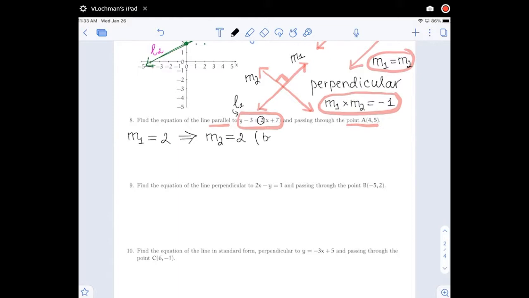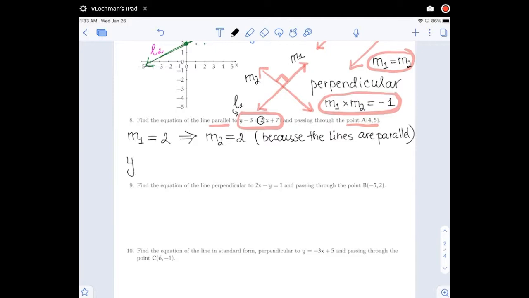I'm writing justification here because the lines are parallel, right? Okay, so we know that much. The line that we want to construct an equation of is parallel to this one. That slope is 2. And we have a point. Oh, we've got everything that we need to come up with an equation.